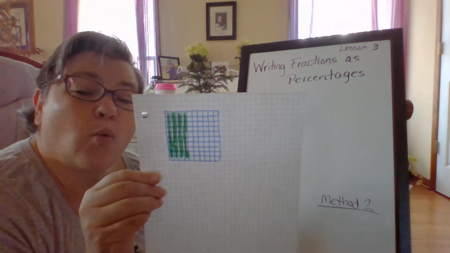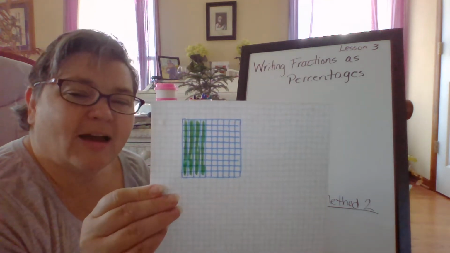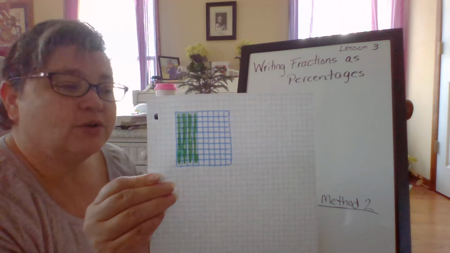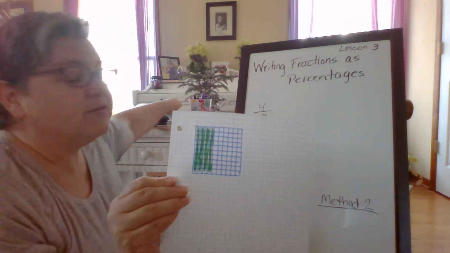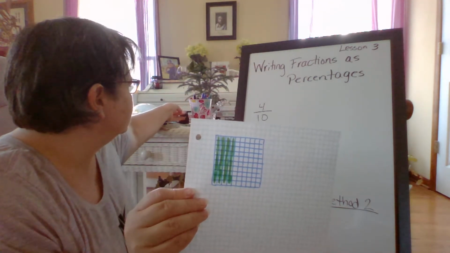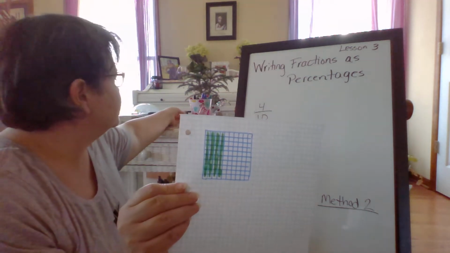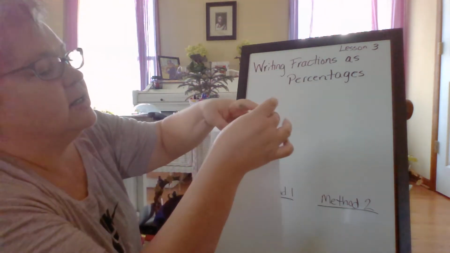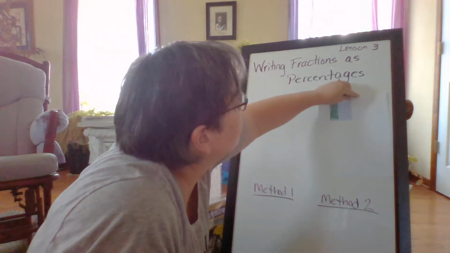So now I have 100 blocks. So that's what we're doing in our brain. Hopefully, if you need a visual, this is a visual. So when you have a fraction and you're trying to make it into a percentage, you're trying to visualize that fraction as 100.